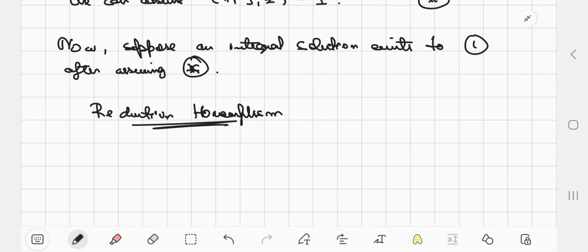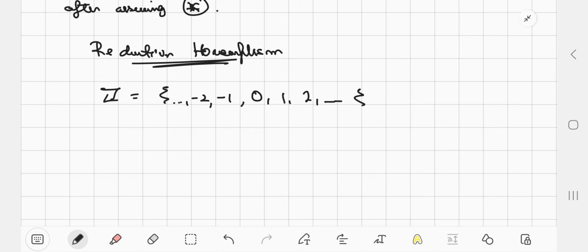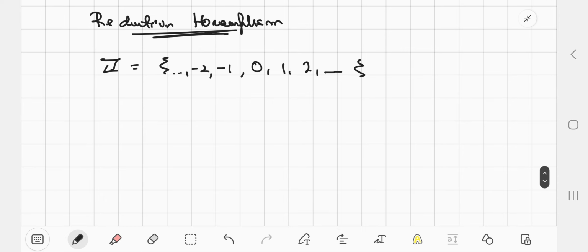Typically, what I am trying to do is reduce Z modulo n. Let me talk about it in this way. See, I have Z to be of this form: 0, 1, 2, and it goes on, minus 1, minus 2, and it goes on. Suppose I want to discuss some property which is related to integers, but examining that property by considering each and every integer is quite a cumbersome process, because there are infinitely many.